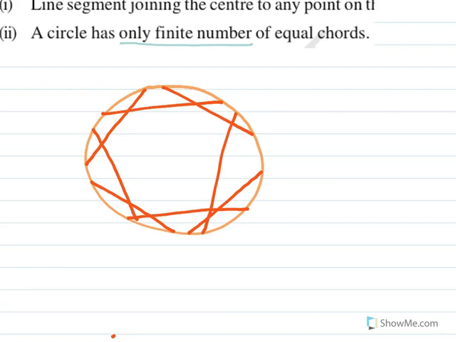And you'll definitely agree they're not finite, they would be infinite. How many chords will you be drawing of the same length? It would be an infinite number. For equal chords, you just have to take 2 points and join them, and there are infinite points in the circle. So the number of equal chords would be infinite. So this is false.